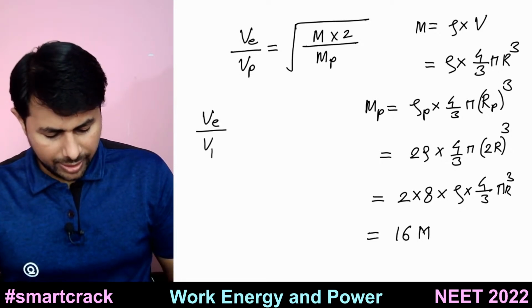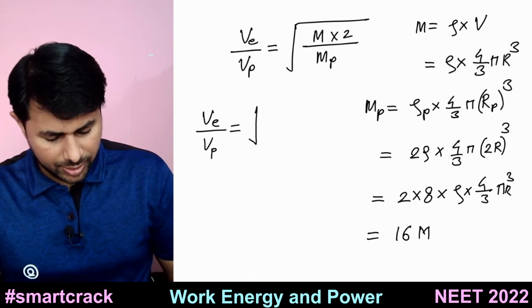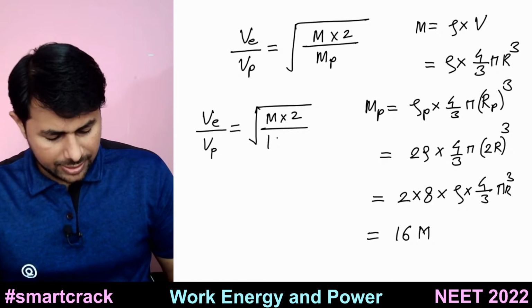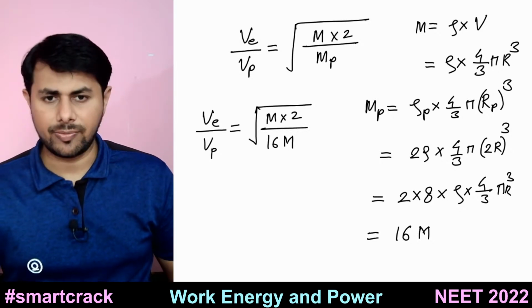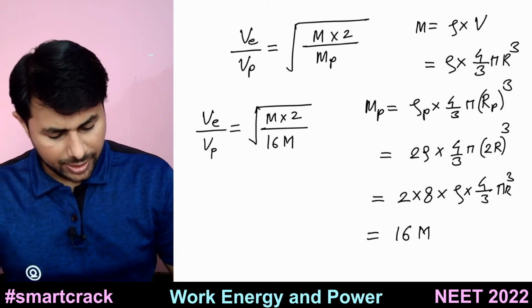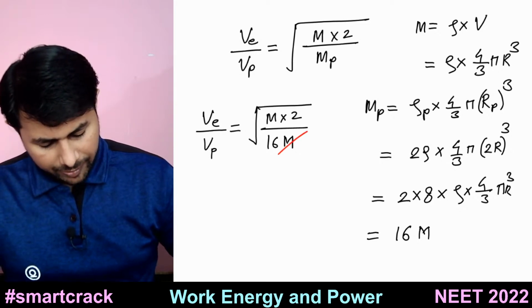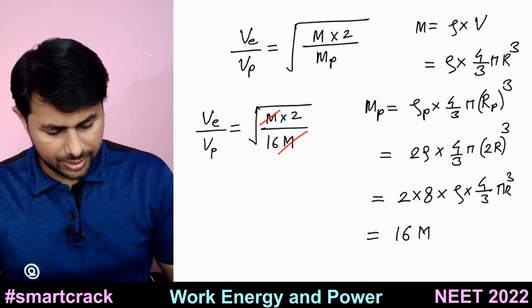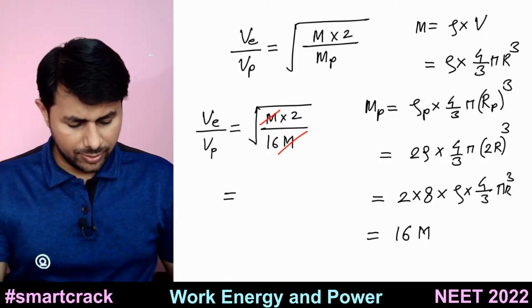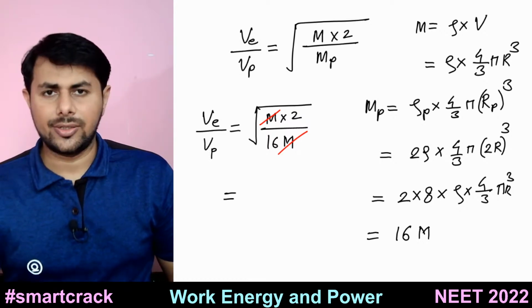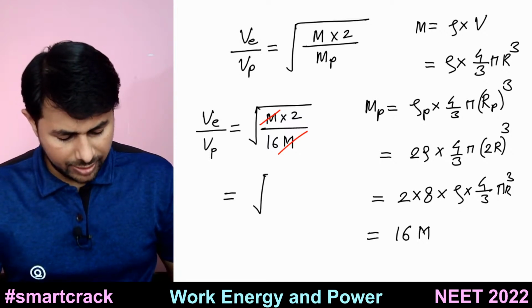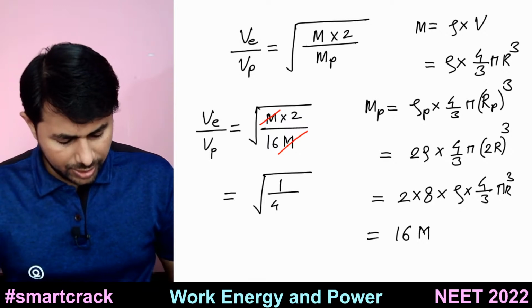Velocity on Earth divided by velocity on planet equals the square root of m into 2 divided by 16 times m. This is the mass of the planet, we just calculated this. So this m and m get cancelled out, and what we are left with is 2 by 16, it's 1 by 8, or you can write it as 1 divided by 4 into 2.